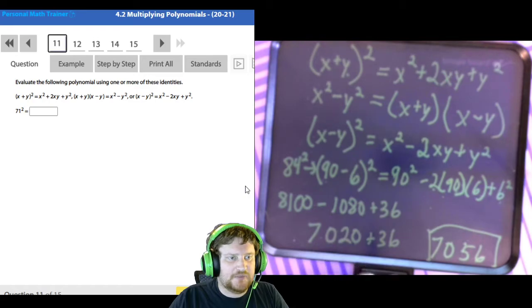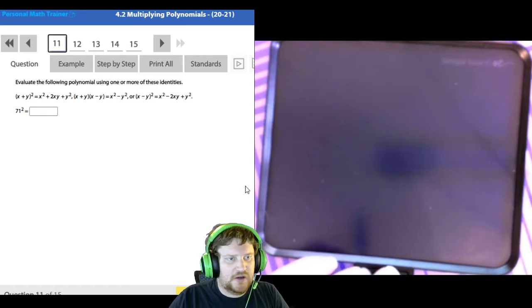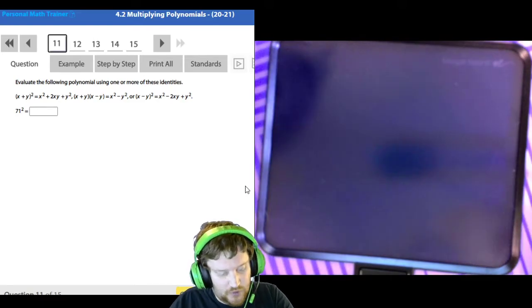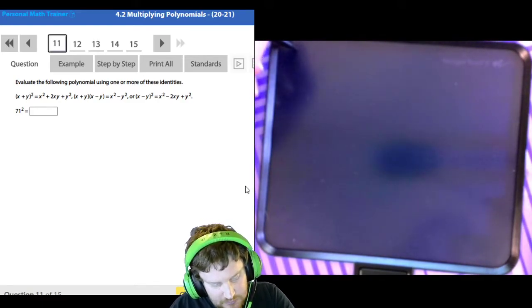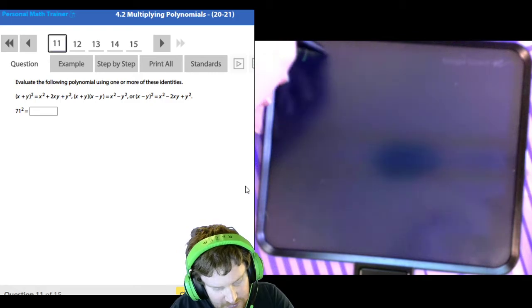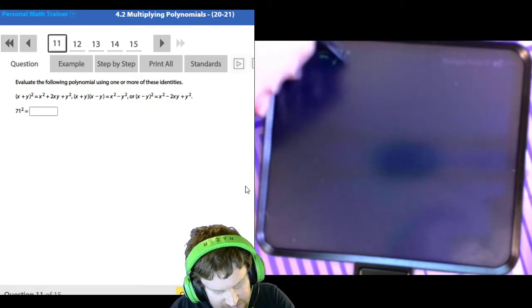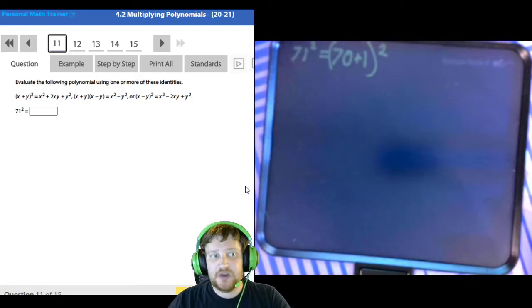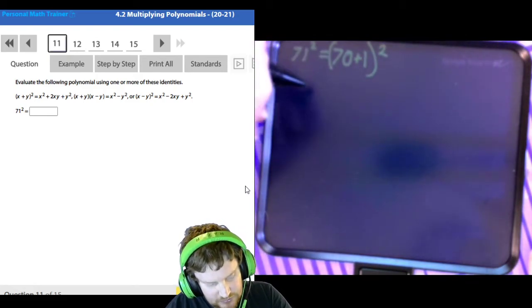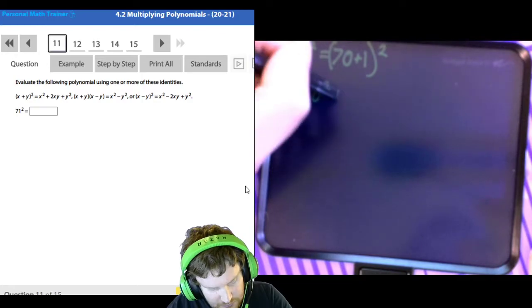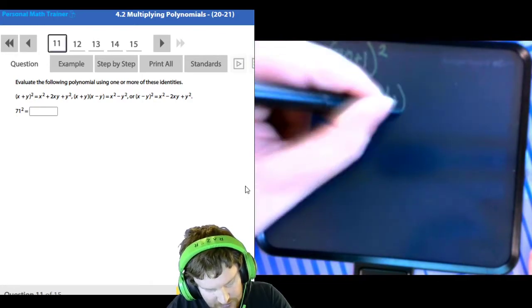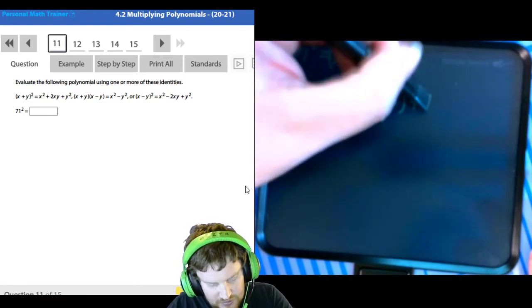So this is just the same thing where they want us to do that. This time we'll just use 70 and 1. So this is going to be a sum. So 71 squared is the same thing as saying 70 plus 1 squared. And the sum formula is the same one that we just used. It's 70 squared plus 2 times 70 times 1 plus 1 squared.